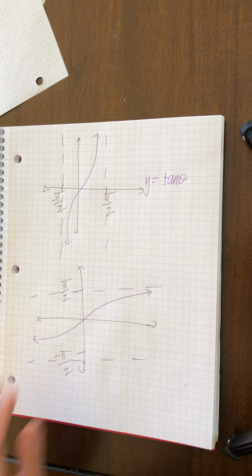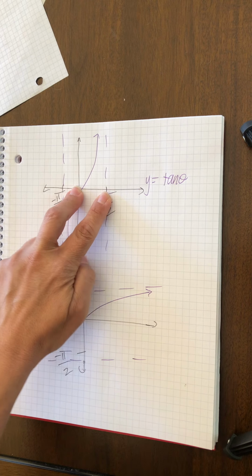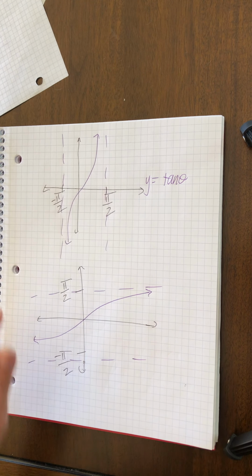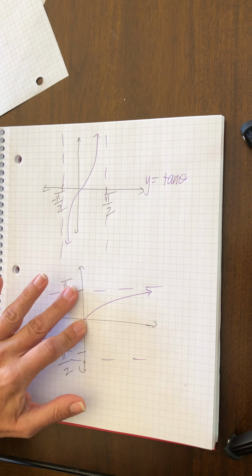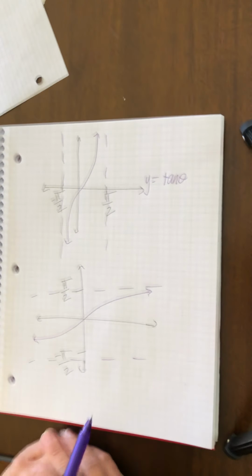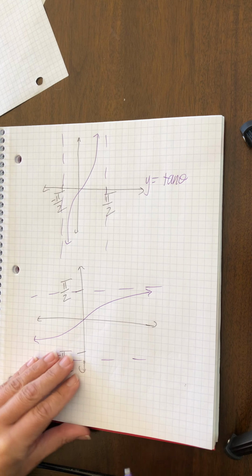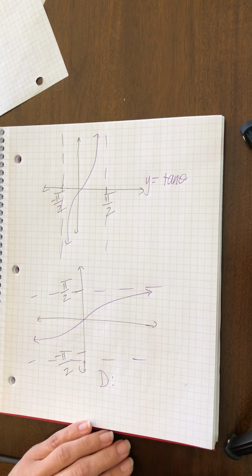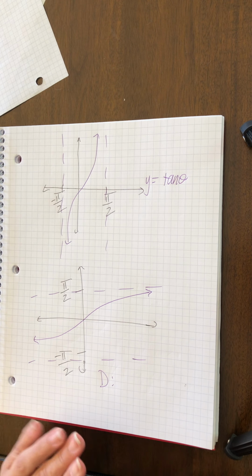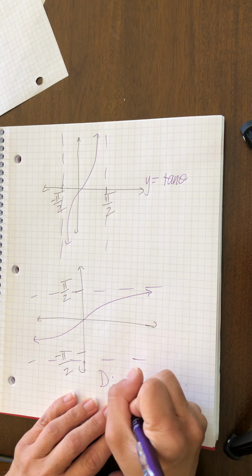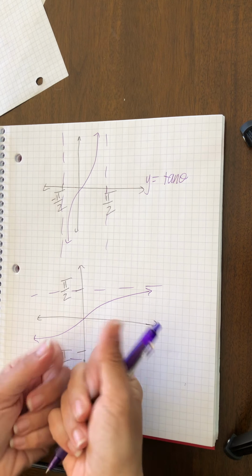Pretty nifty. From 0 to pi over 2, the tangent is positive. Okay, so the domain for the inverse tangent is all real numbers. It's going on forever.